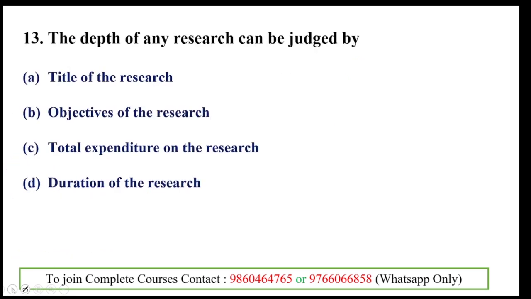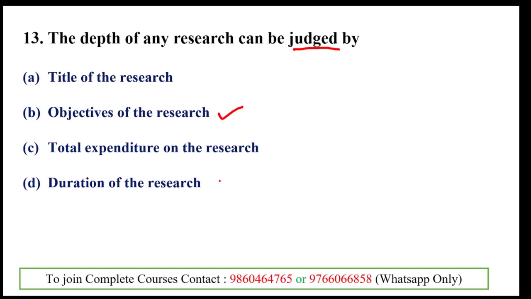Next one, the depth of any research can be judged by... For a research, the depth or the knowledge improvement in a deep way must be judged through the objective of the research. About duration, you can be confused that duration and depth are synonyms, but that is not right, because duration in the sense is only the systematic procedure, not the depth.